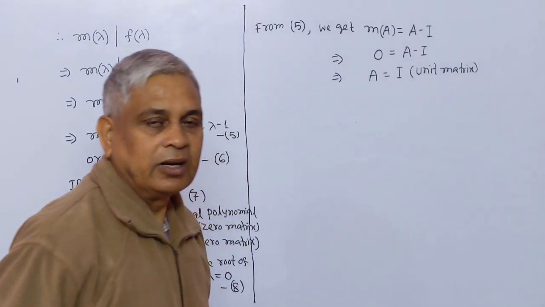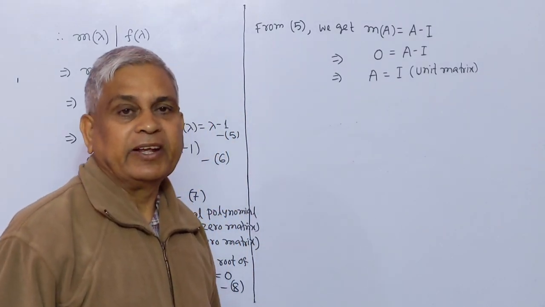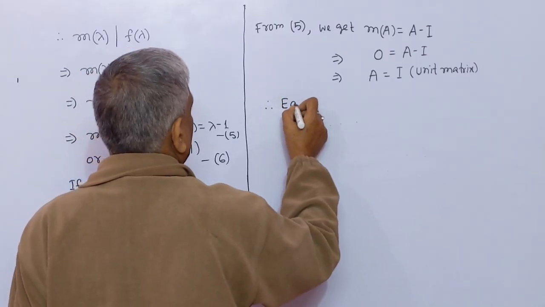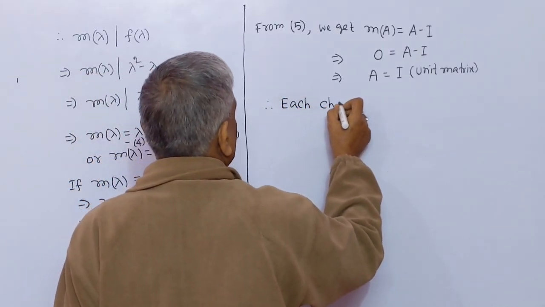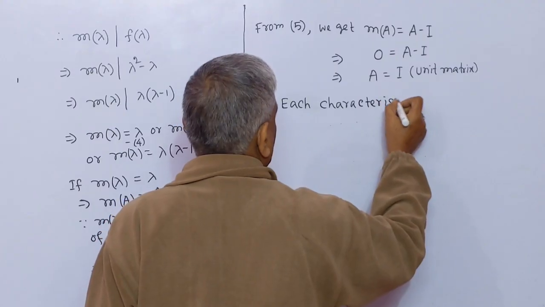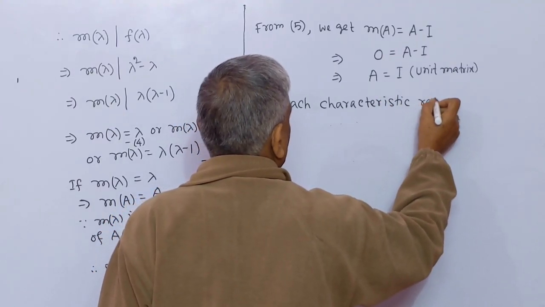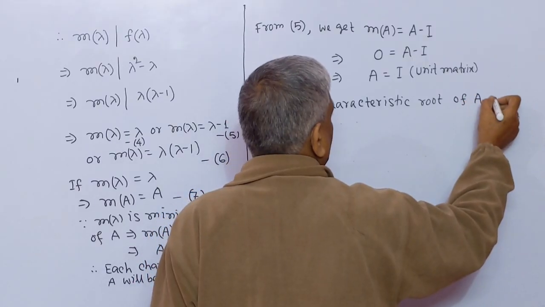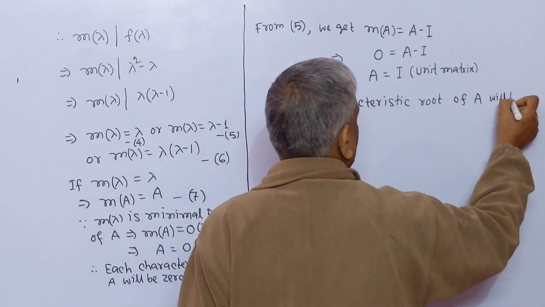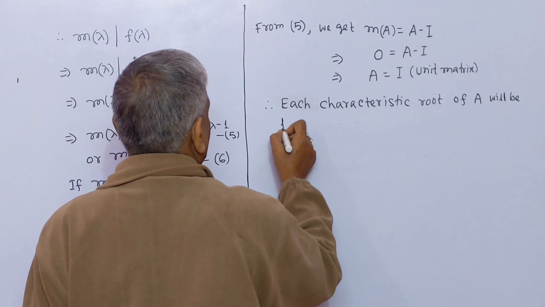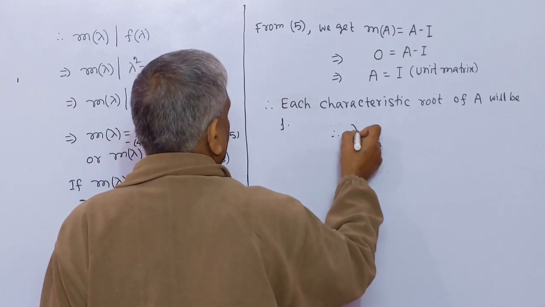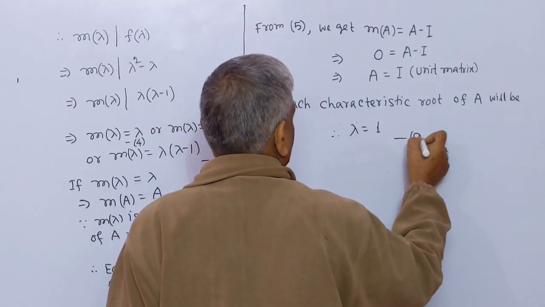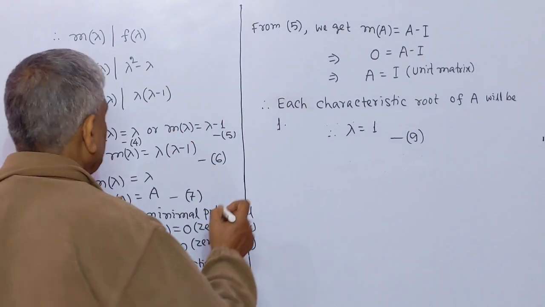We know that the characteristic roots of the unit matrix are 1. Therefore, each characteristic root of A will be 1. Therefore, lambda equal to 1. This is number 9.